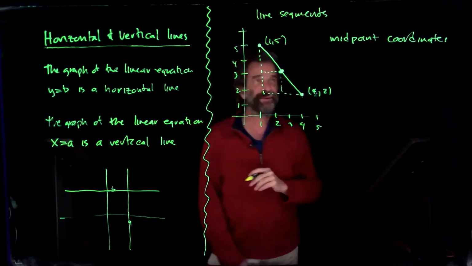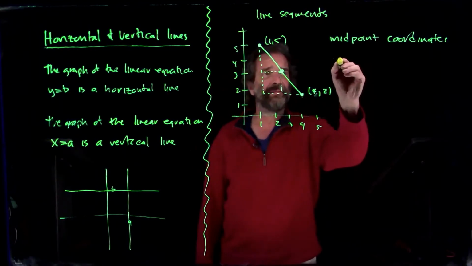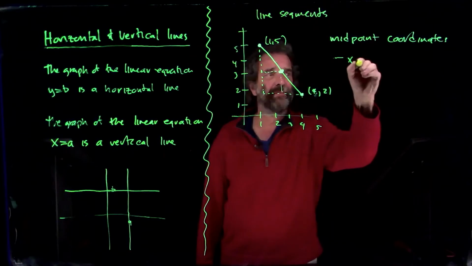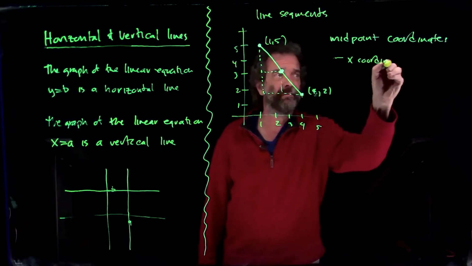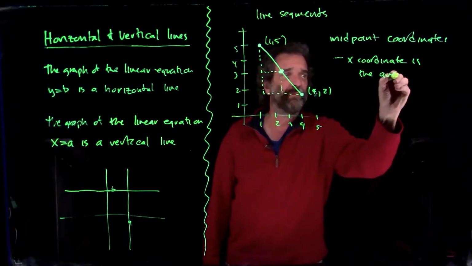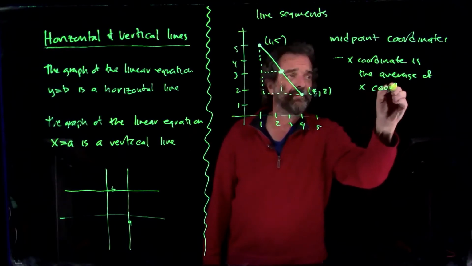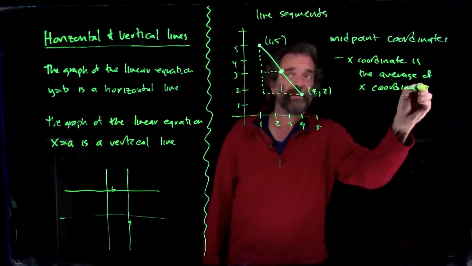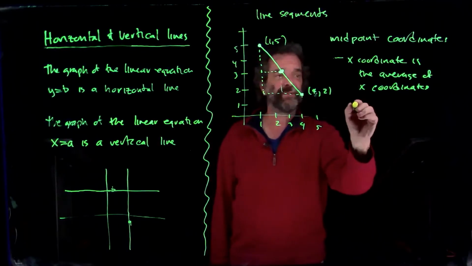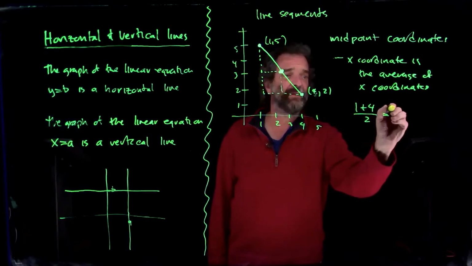The way you get halfway between two numbers is by taking the average. So we say the x coordinate is the average of the x coordinates. So the x coordinates are 1 and 4. So we do 1 plus 4 over 2 to find the average. That's 5 halves.